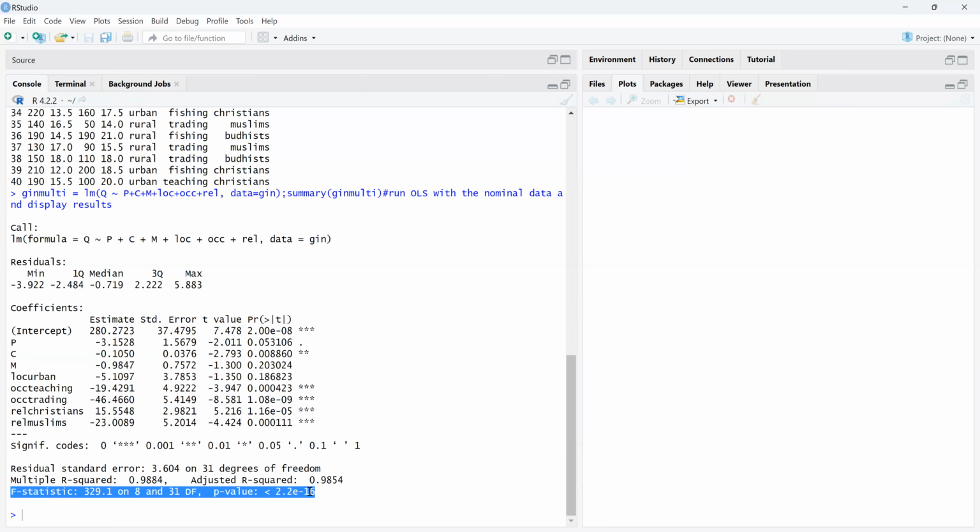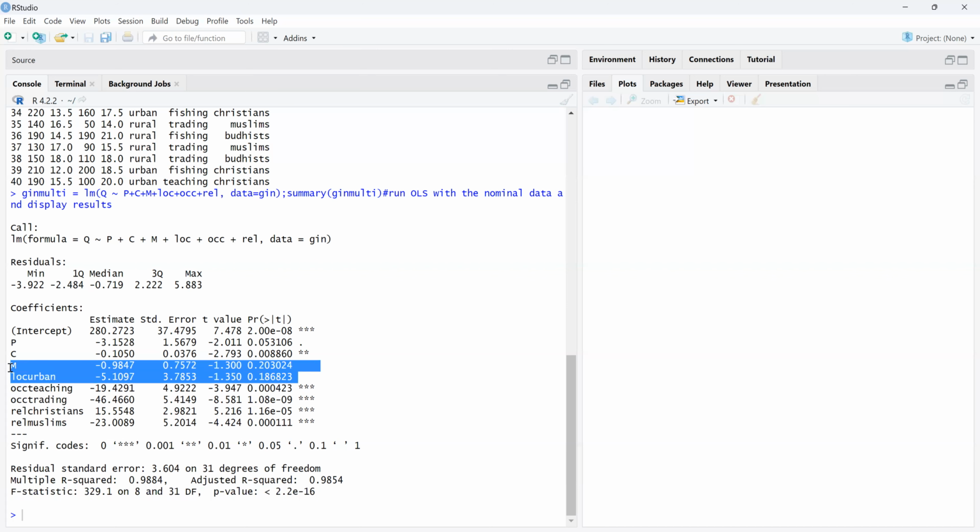And if the p-value is less than 5%, and in this case, it's approximately 0, what does that mean? It means that the coefficients put together jointly, statistically, influence the dependent variable put together. So some of the independent variables may not individually be significant, but when you put all of them together, they are significant.